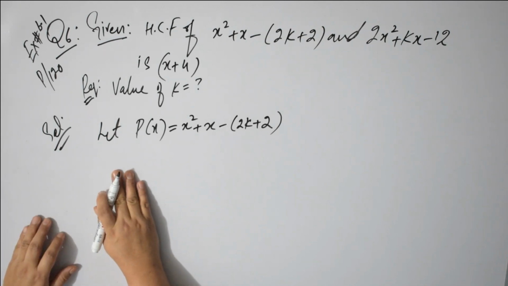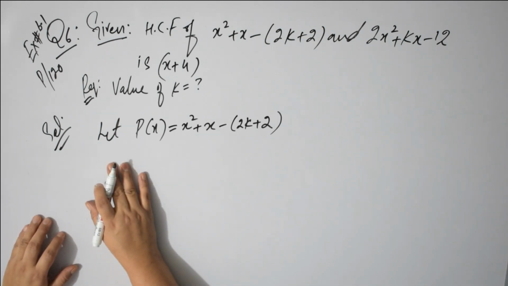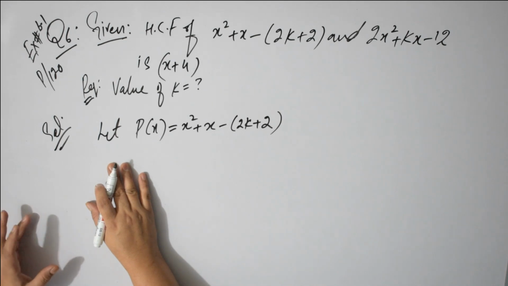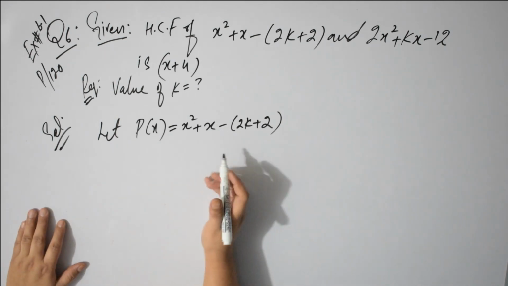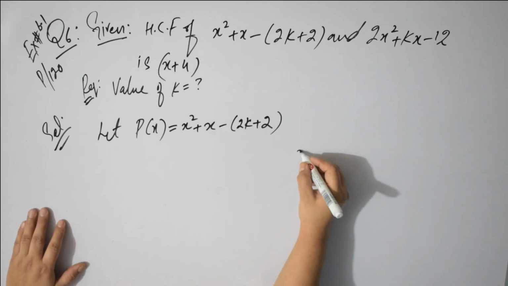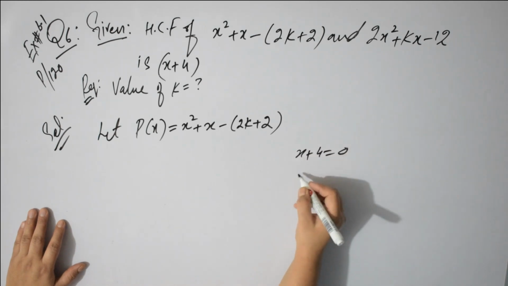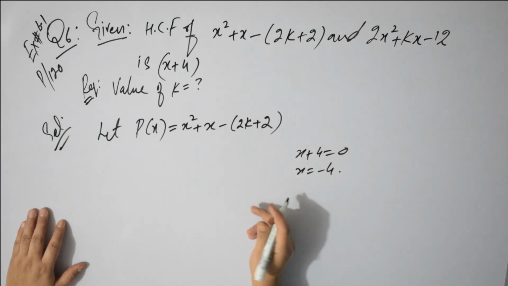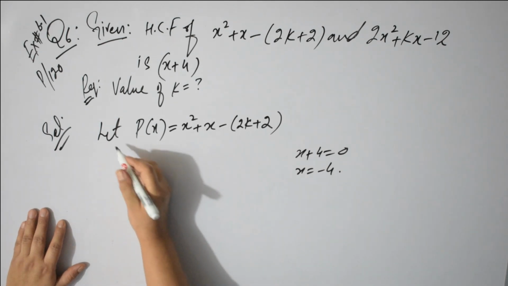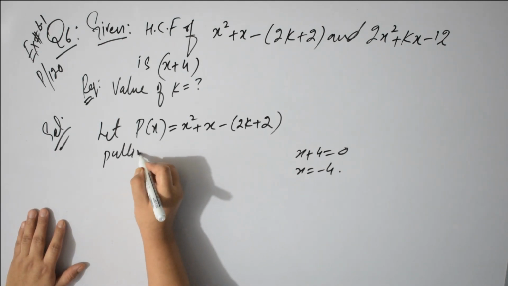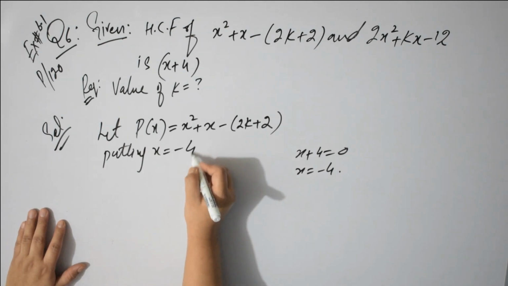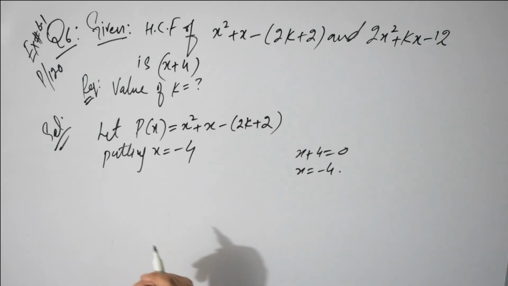So, as we have done in previous 5.3 and 5.4, on my rough I will equate this factor equal to 0 and I will get the value of x, that is minus 4. So, putting x is equal to minus 4. Let us put minus 4.